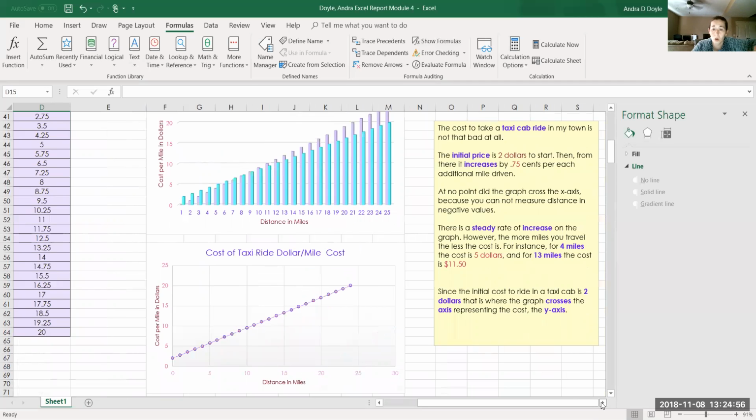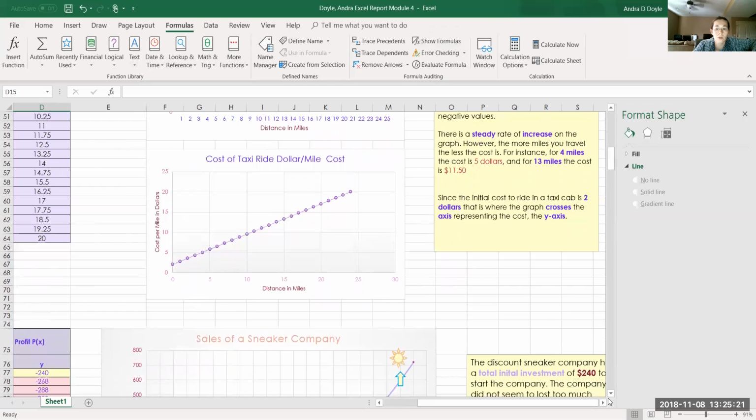However, the more miles you travel, it seemed like the less it cost. For instance, for 4 miles it cost $5, and 13 miles it cost $11.50. Since the initial cost of the ride in a taxi cab is $2, that is where the graph crossed the axis representing the cost, the y-axis.